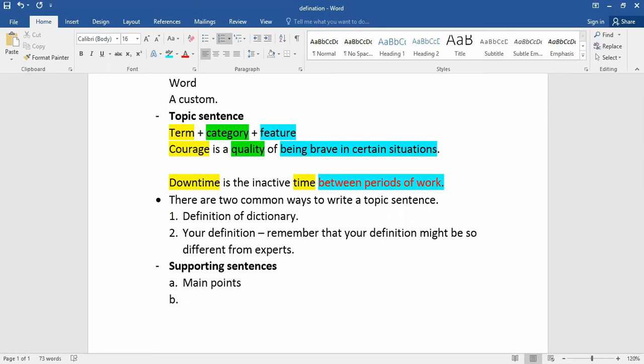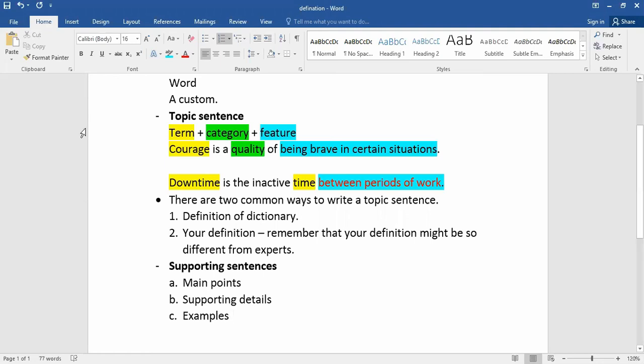Next, we call it supporting details. Finally, after supporting details, you can add examples.